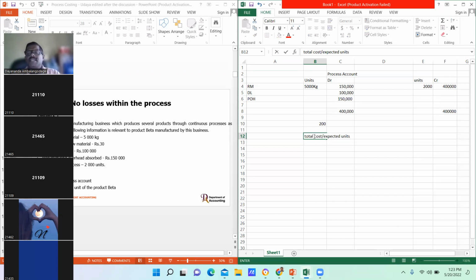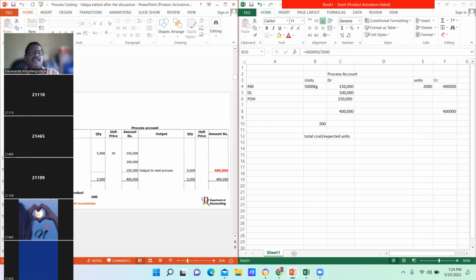Total cost divided by the expected units would be the cost you calculate. I think that is very clear, and this is the answer for the question which I have calculated.